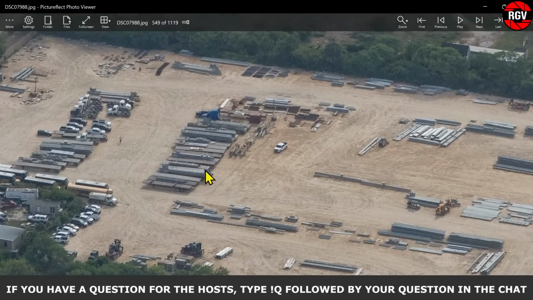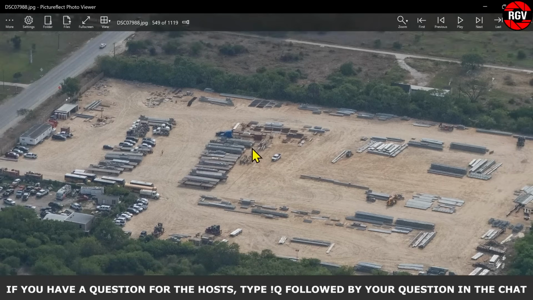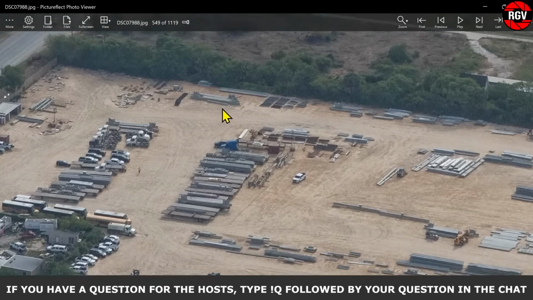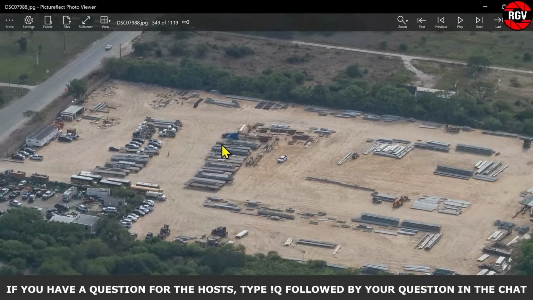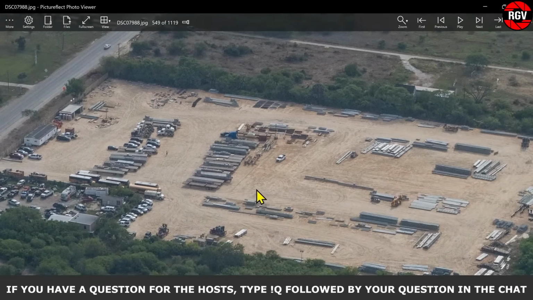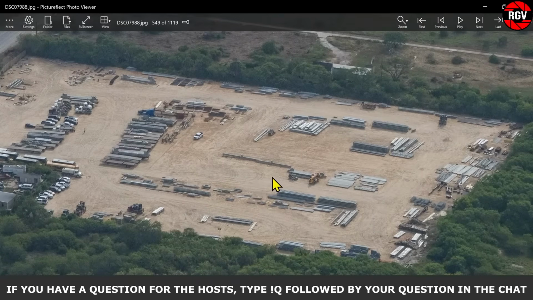Speaking of, they're almost out of roof truss sections here. Or are they called eyes? I don't know. Oh, okay. Because that would have been a pretty cool secretion there.